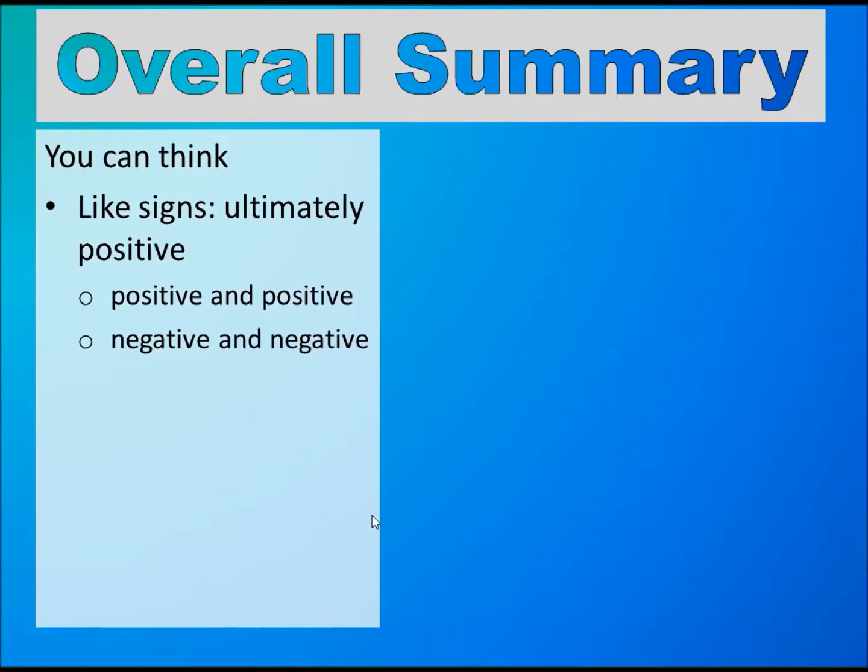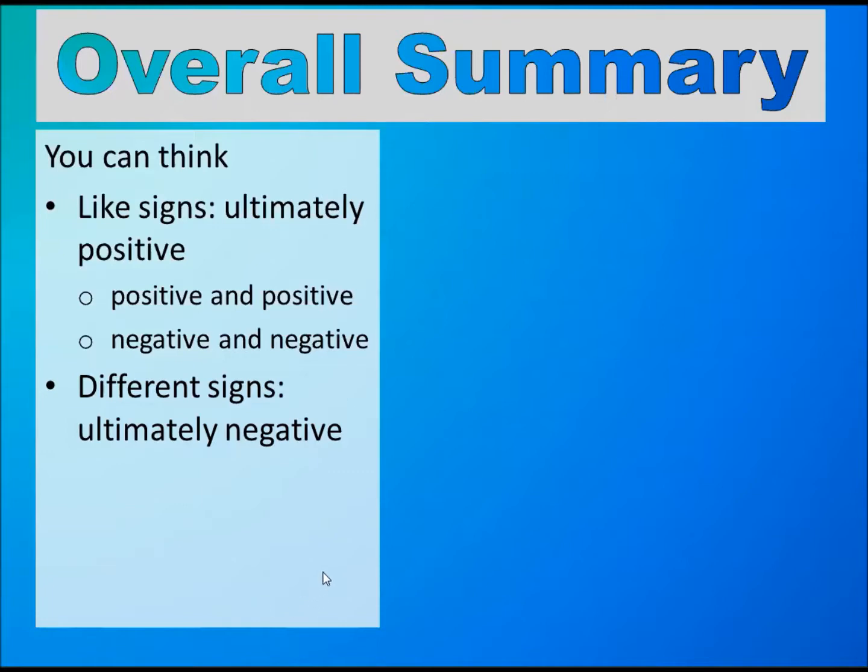Negative and negative would result in an answer that is positive. Different signs means that the answer will be ultimately negative, that the product, that is the answer after multiplying, or that the quotient, that is the answer after dividing, would be ultimately negative.